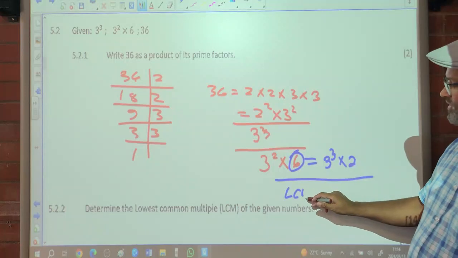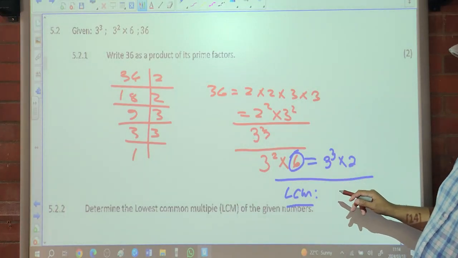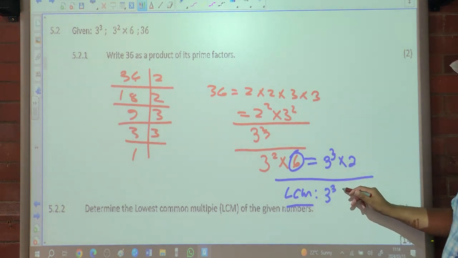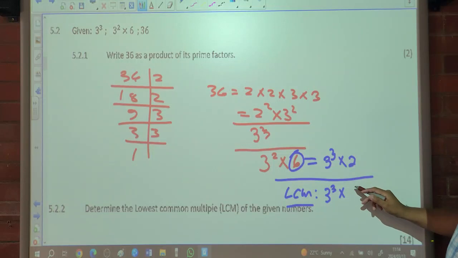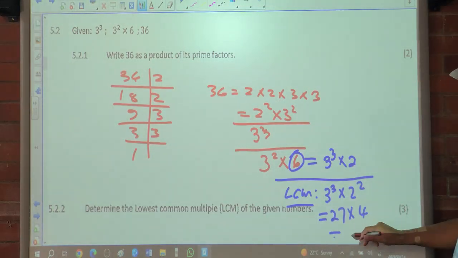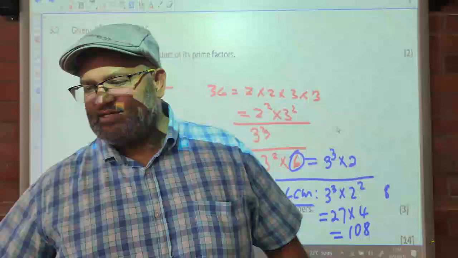So for your lowest common multiple, the base does not have to occur in it, and you take the highest. So the highest is going to be 3 cubed times 2 squared, which is 27 times 4, which is 108. That is the LCM.